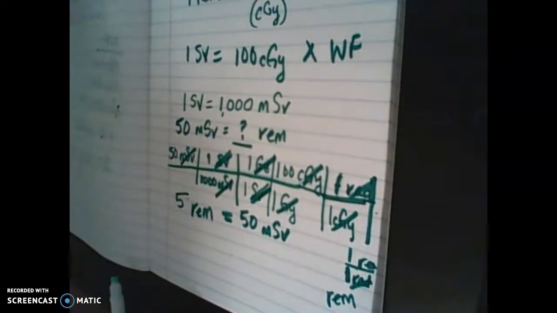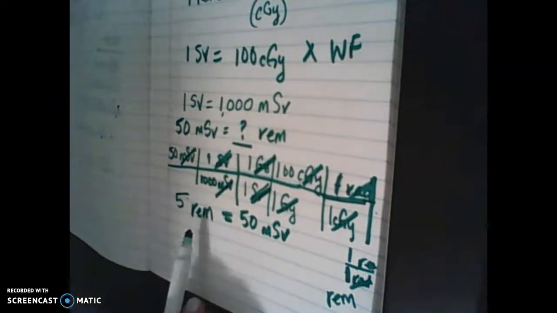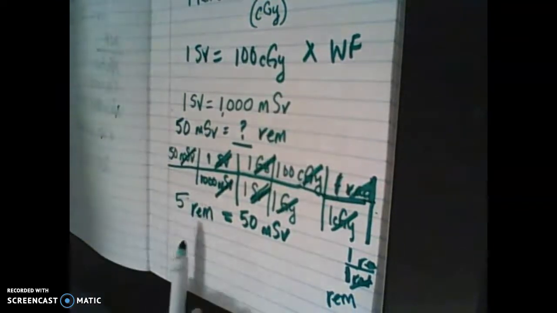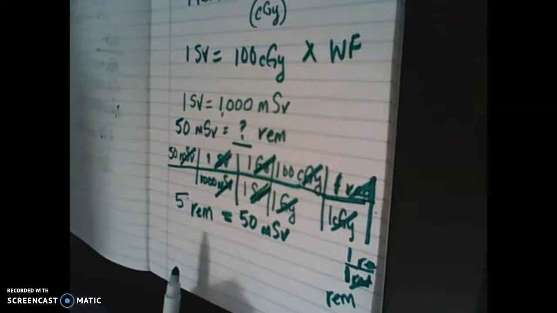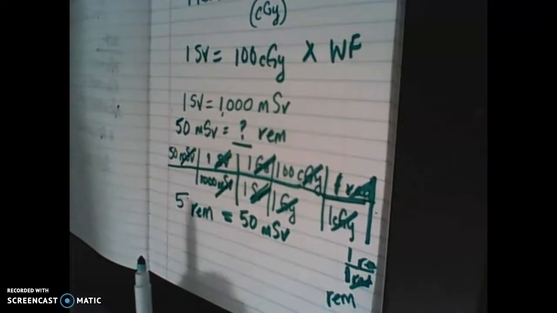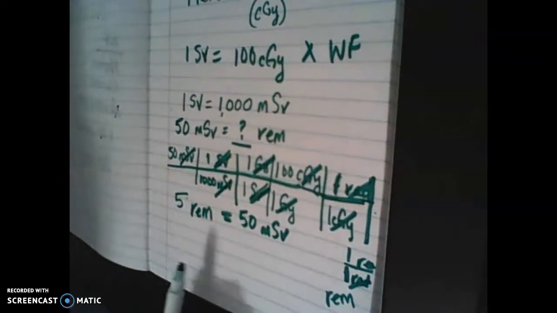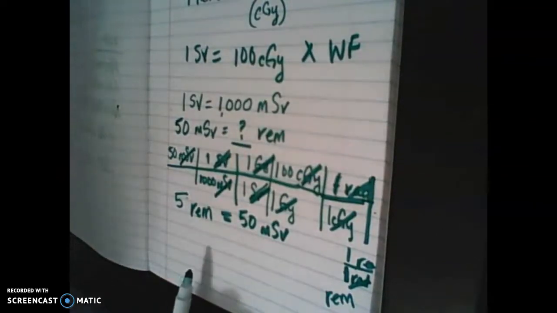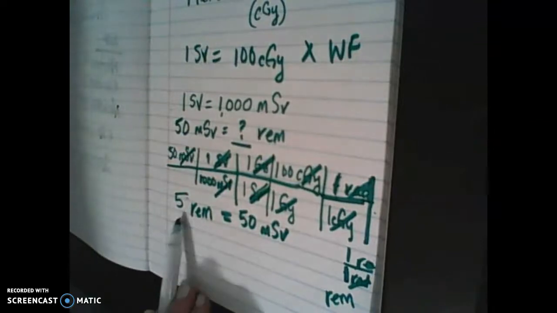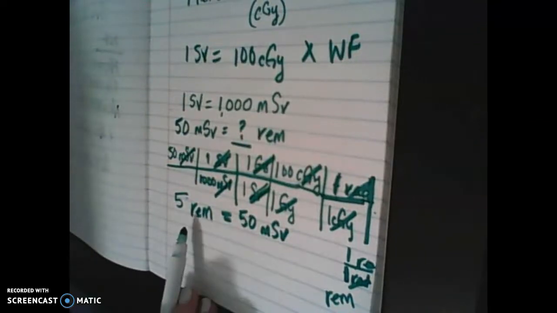Now, the only reason that I'm going through this step is to show you more information about that chart for occupational workers and for the lay public. Those dose equivalencies for the year and the tissue equivalencies for the year, because they put these two units side by side.